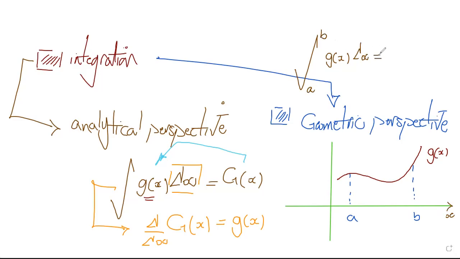The analytic perspective says the antiderivative of this becomes the big capital G. But the geometric perspective says that this integral gives you S of x. What is S of x? It means the area, let me choose a very good color, this one. It becomes S. It becomes the area under this curve. And that was a geometric interpretation of integration.